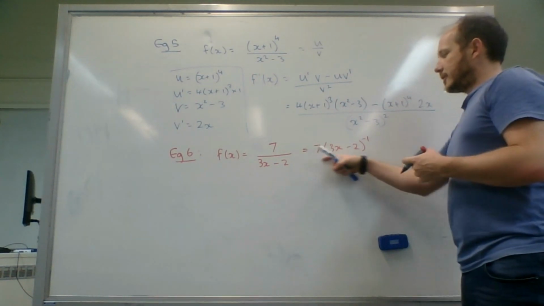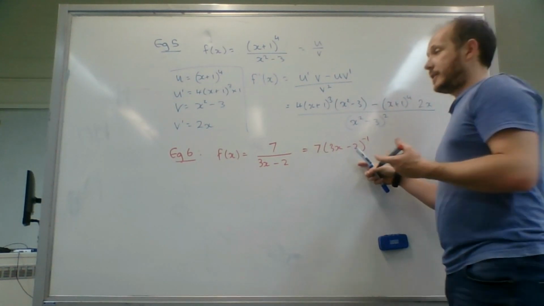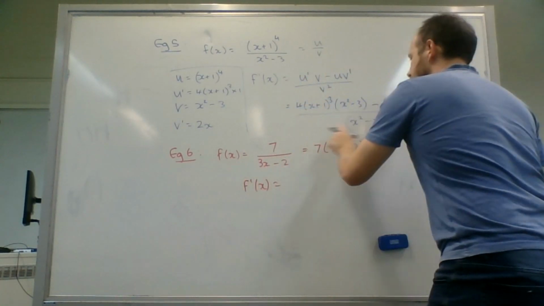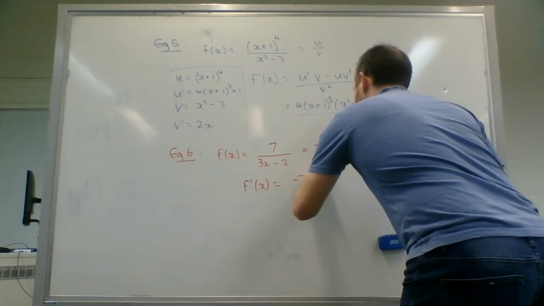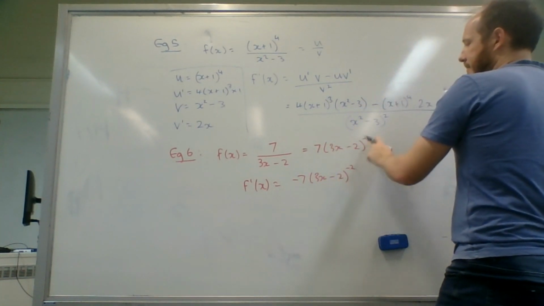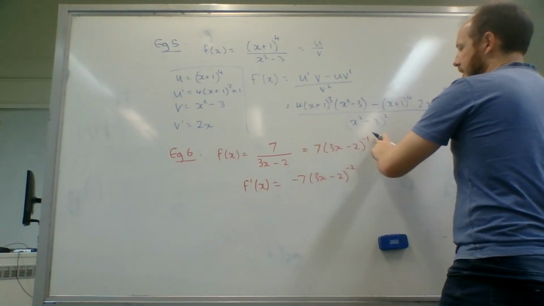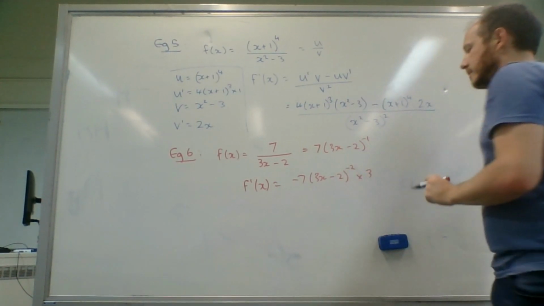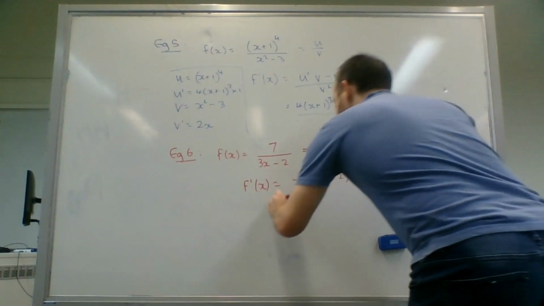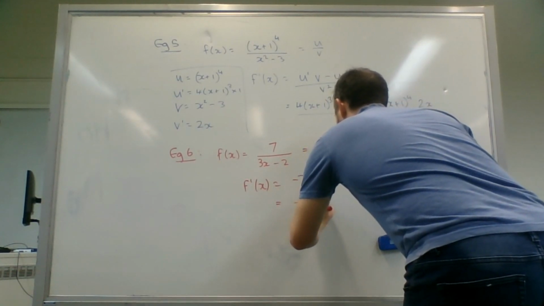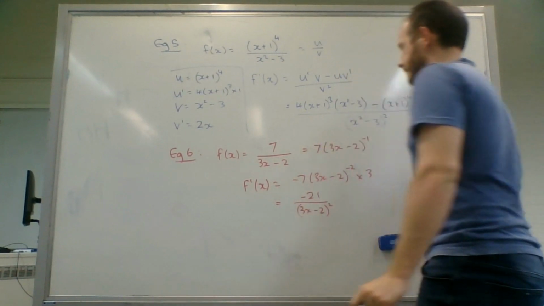So this is not the derivative, this is just a simplified form. So f dash x will be, multiply this out the front, minus 7, (3x take 2), decrease the power by 1. So multiply at the front, decrease it by 1, and then times by the derivative of what's in the brackets, which is 3. Now if we simplify that, we've got minus 21 over (3x take 2) squared.